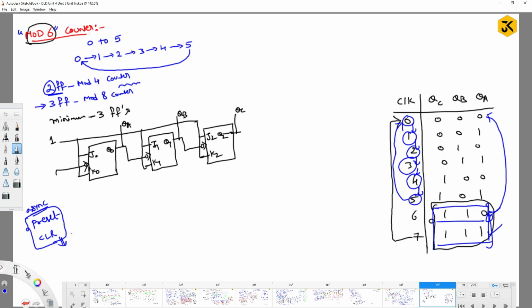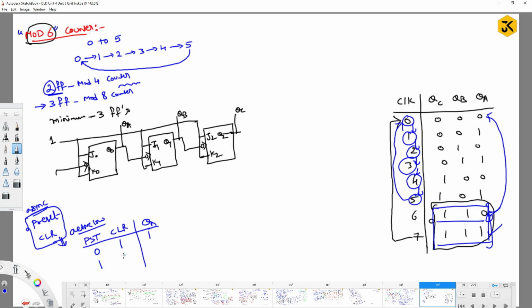I will try to write here. See, basically you can go with either active low or active high, right? I would like to go with active low. If I go with active low, if preset and clear are given, what might be the QN? That is what I am trying to write here. If preset and clear, one is 0 and the other is 1, you are going to get the high state.